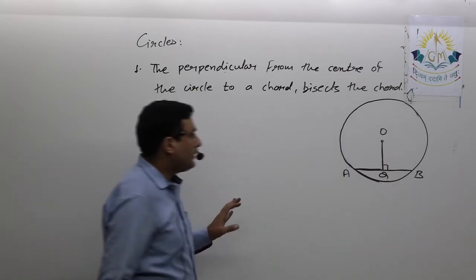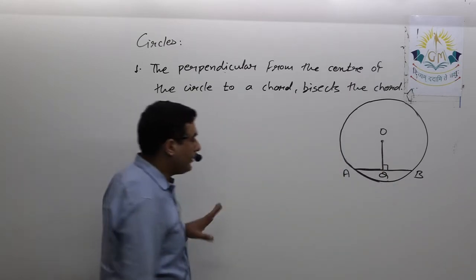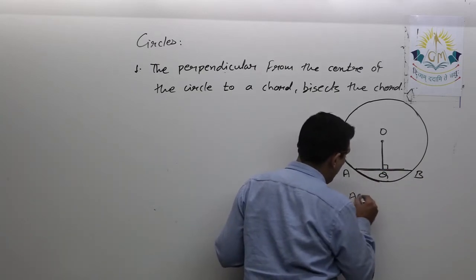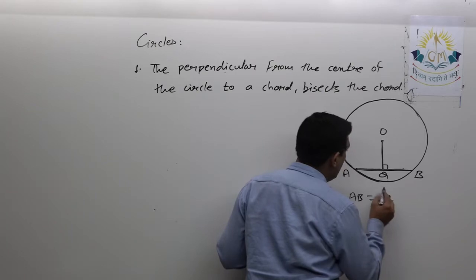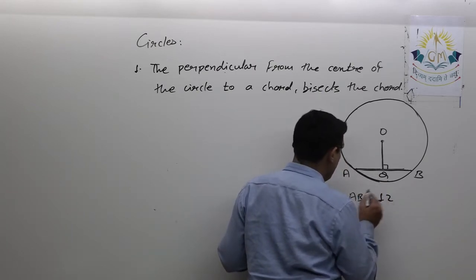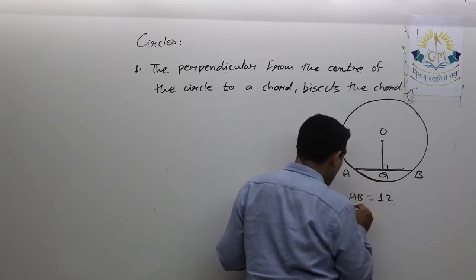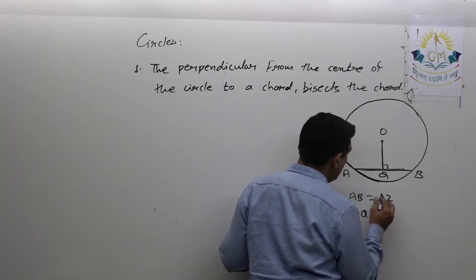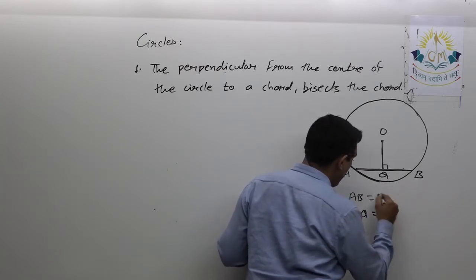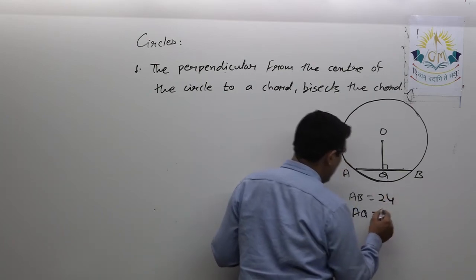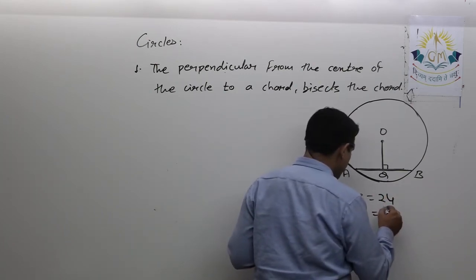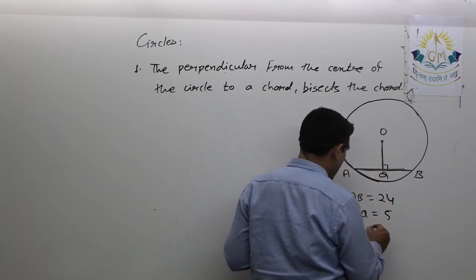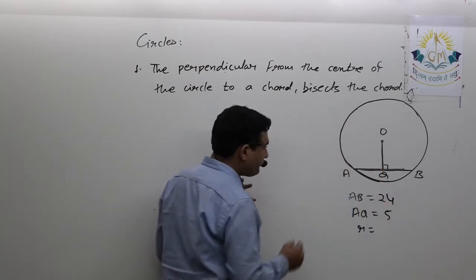Now this concept is used in so many questions. For example, suppose it is given the length of AB is equal to 24, and OQ is equal to 5, then they will ask to find the radius.